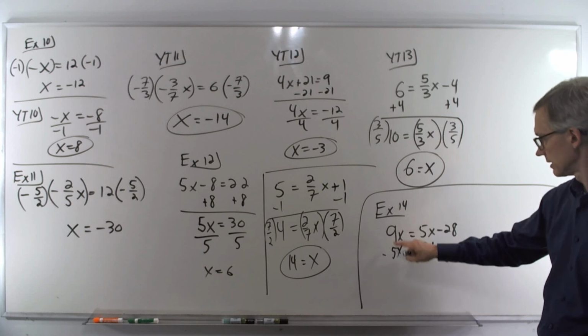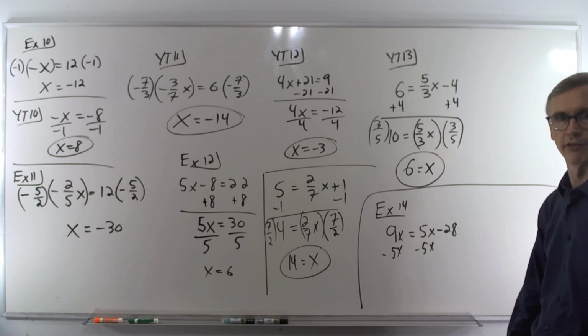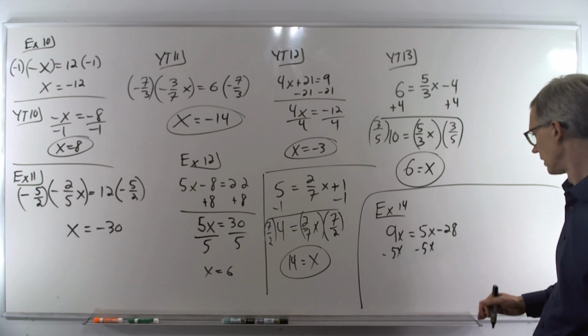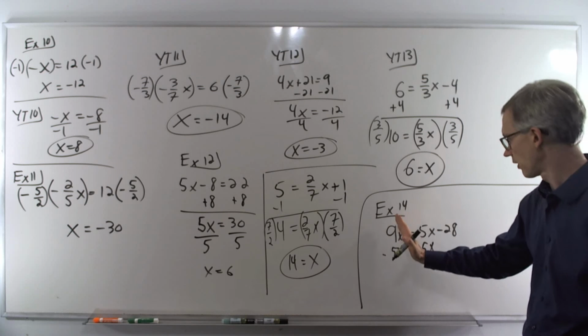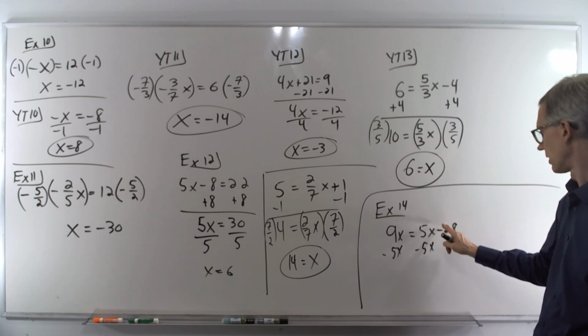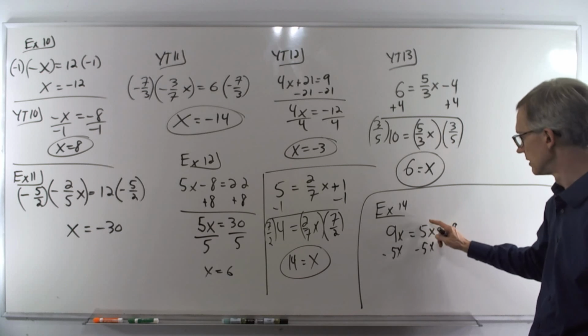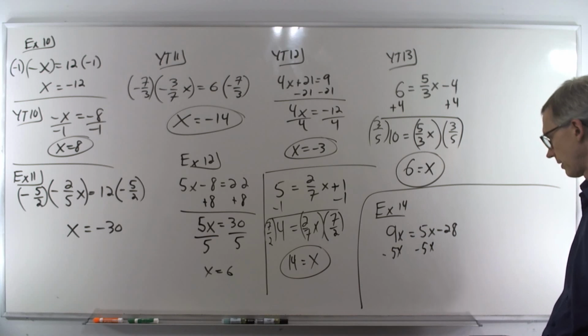Now we could have subtracted 9 from both sides, but that just leaves it with 0 on the left, and then we'd have to move something over anyway. So that's more work that way. So what we want to do is get all the variables on one side, all the numbers on the other side. All right? So that's why we want to take the 5x, get rid of it, move all the x's to the left. That leaves us with just the number on the right.